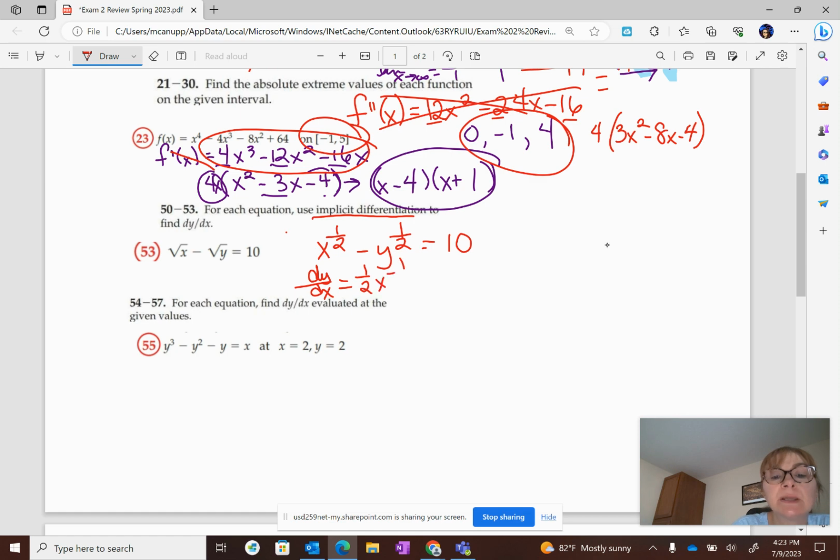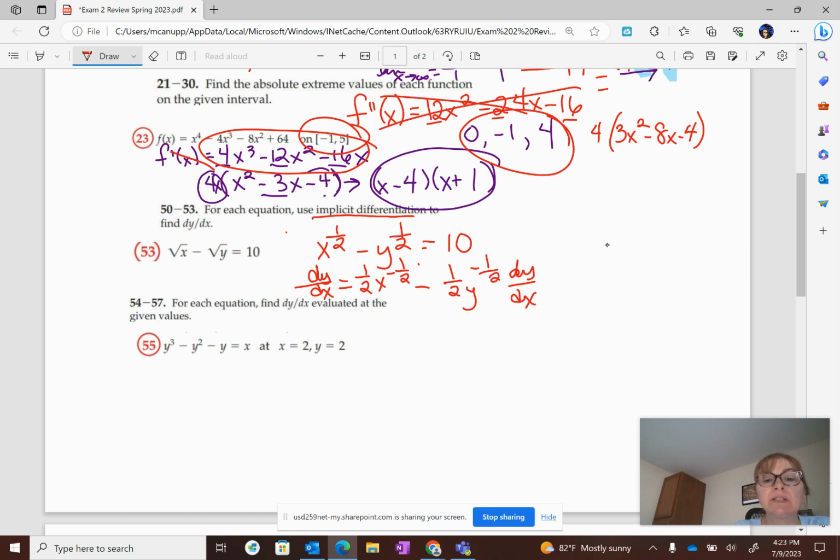That's going to give me a -1/2. Minus, I do the same thing with the y. So it's 1/2 y to the -1/2. But then here's where I add the dy dx. Okay, so now we have to solve.